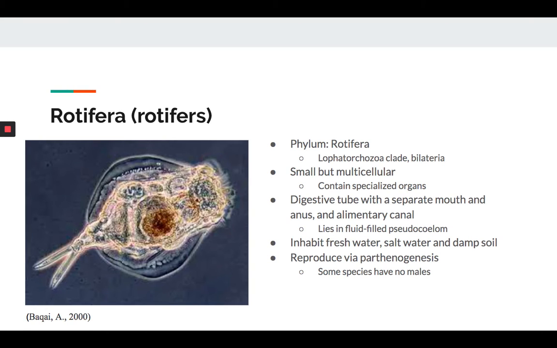Because of this, some species can have no males at all. Rotifers have a digestive tube, otherwise known as an alimentary canal, with a separate mouth and anus. These structures lie in the pseudocoelom, which is fluid-filled. The mouth has a crown of cilia around it to aid in the capture of food.